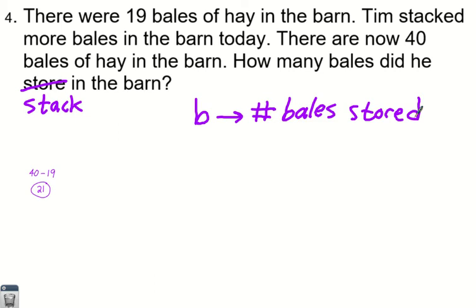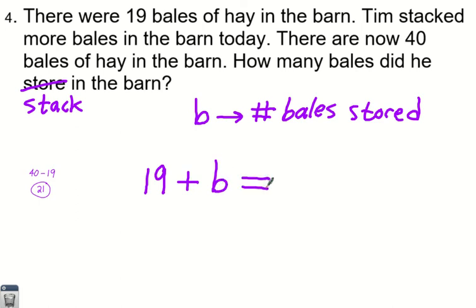And if we wrote an equation with an equal sign and everything, with the 40, with the 19, with the b variable, how could you write a full equation that involves all these pieces, including the fact that this b value, which we have to pretend that we don't know, what would be the equation? It would be something like, well, if we had 19 to begin with, and then we added b to it, it would equal what?